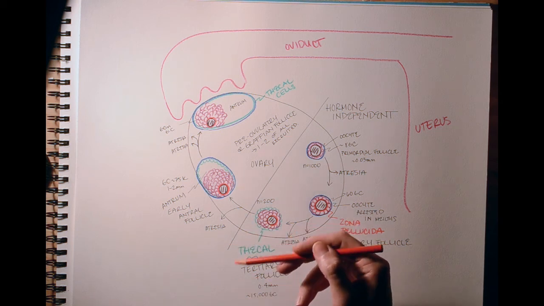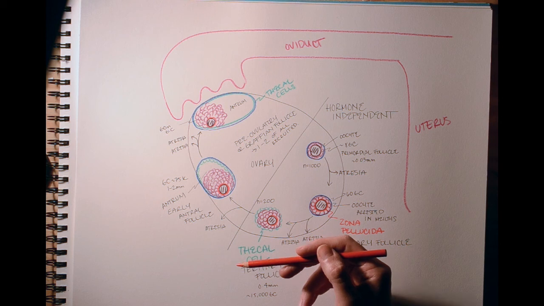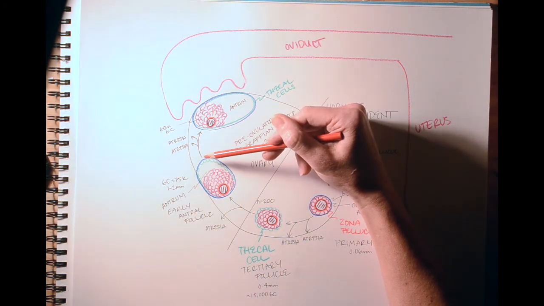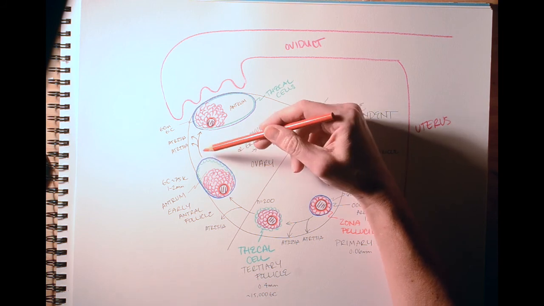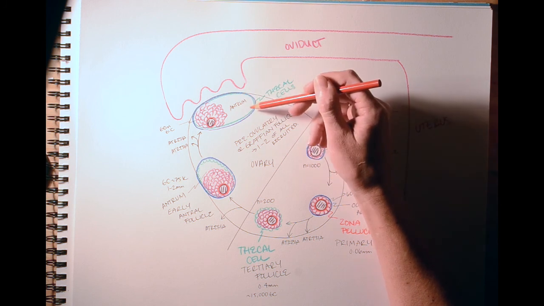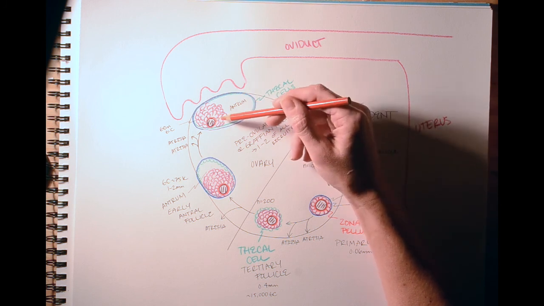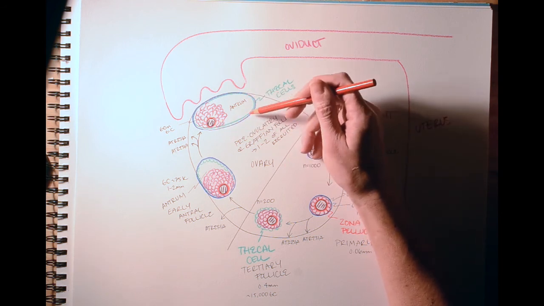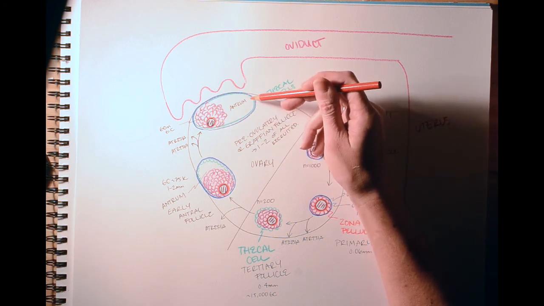Over the next several stages, the follicle will undergo massive amounts of atresia once again, so that at the very end, we have this very large follicle that has an extremely large antral compartment, 60 million granulosa cells, and a thecal cell layer that has increased quite substantially as well.